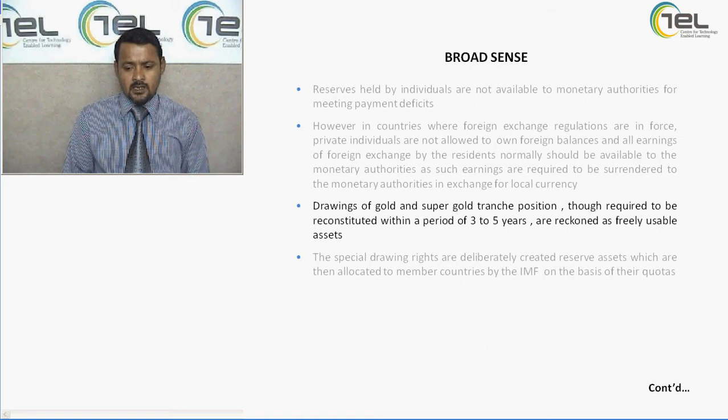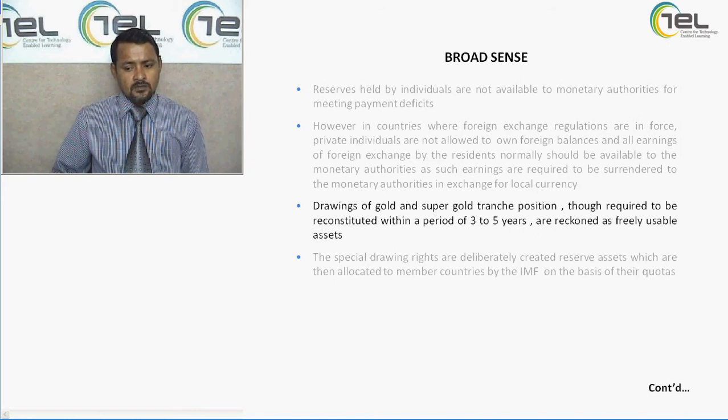The special drawing rights, which are held with the International Monetary Fund, are deliberately created reserve assets which are allocated to member countries by the International Monetary Fund on the basis of a quota, and they can be used only to be converted into denominated foreign currencies.